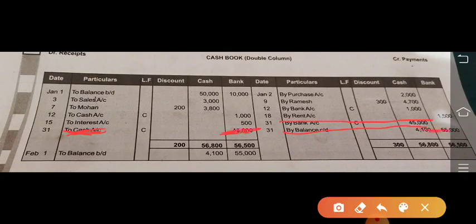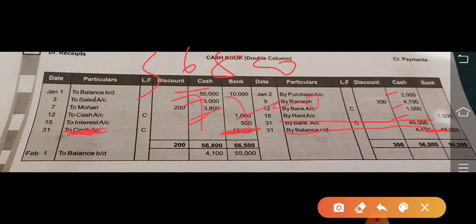So what we have to do here is we'll check the cash balance. Cash on the debit side, we have 50,000 plus 3,000, that comes to 53,000 plus 3,800, that comes to 56,800. This is the balance on the debit side. Now what we spent in cash? So 2,000 plus 4,000 plus 1,000, that comes to 7,700.